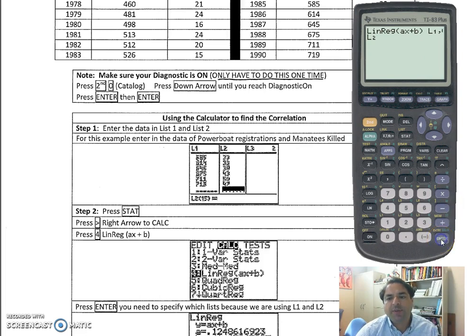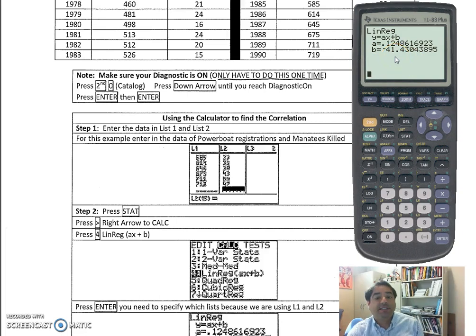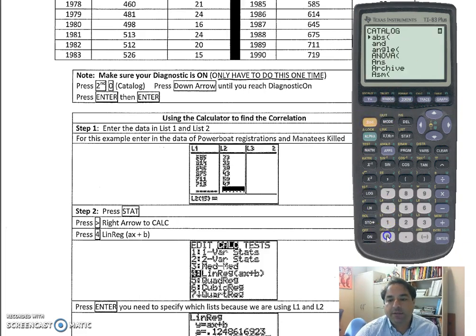But notice when I hit enter, I get A and B, but I don't get correlation. This is a one-time only thing. If yours has correlation, your calculator's all set. If not, a way to turn that on is to hit second, 0, hold the down arrow until you get to diagnostic on.